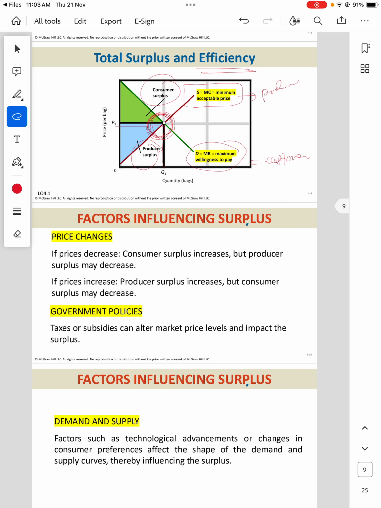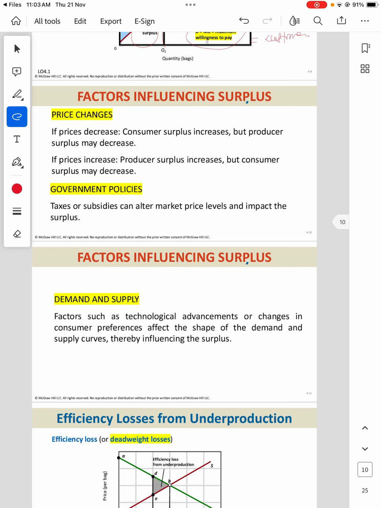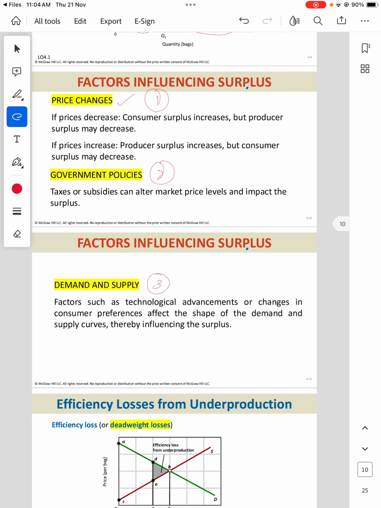What are the factors that influence the surplus, either producer surplus or consumer surplus? You need to remember 3 factors. First is price changes. Second is government policies. And third is demand and supply.